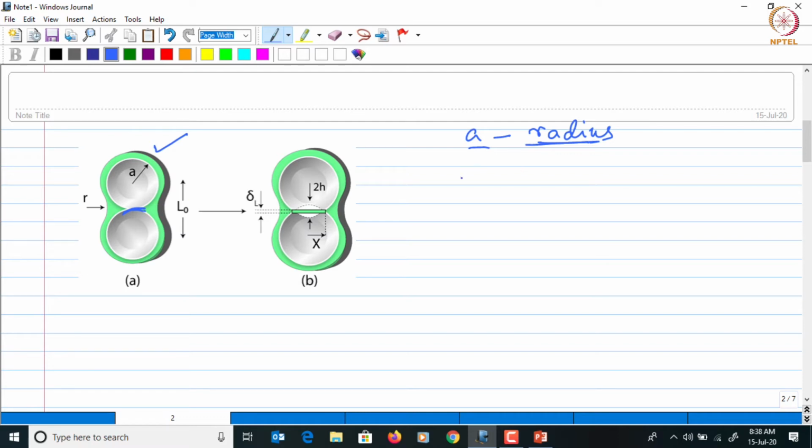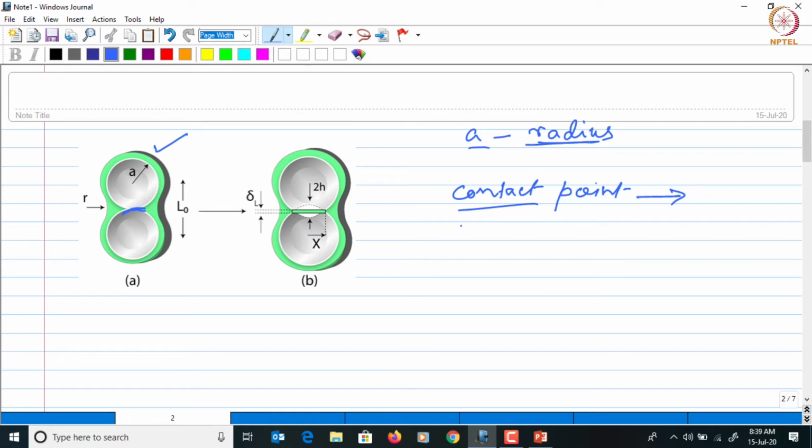Now the solubility at the contact points is higher compared to other places on the surface of the particles. Therefore, the mass will be transported away from the contact points, and as a result, these two particles will move toward each other as the contact points dissolve along the line which connects the centers of these two spheres, right?